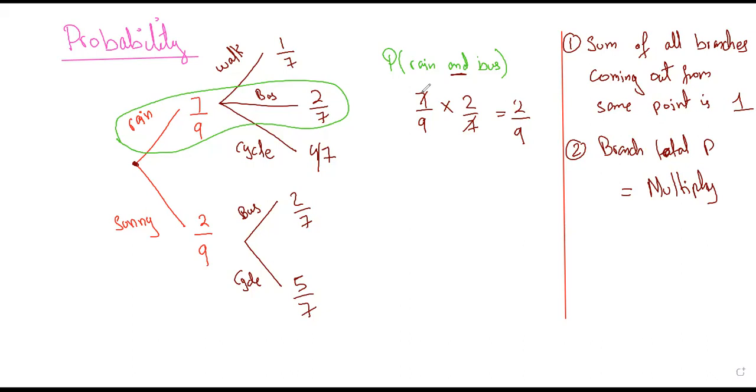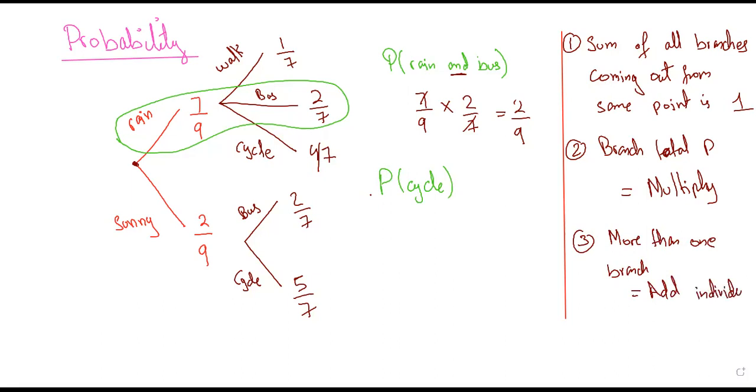Then the second one says, what is the probability that he is going by cycle? And the third rule is, for more than one branch, you need to add individual branch totals.